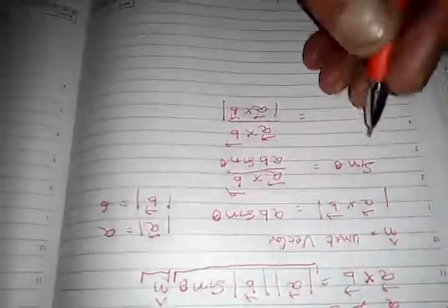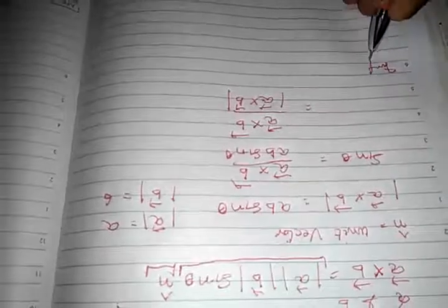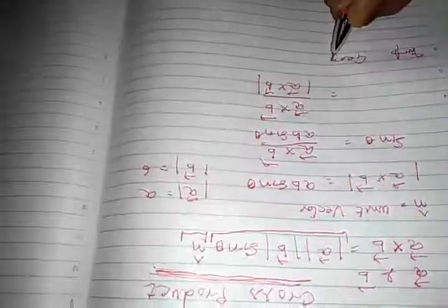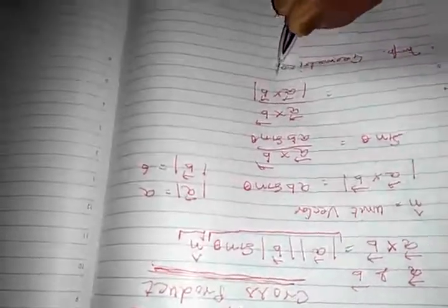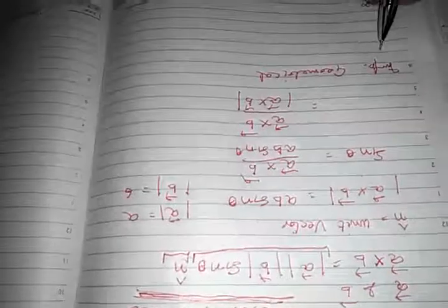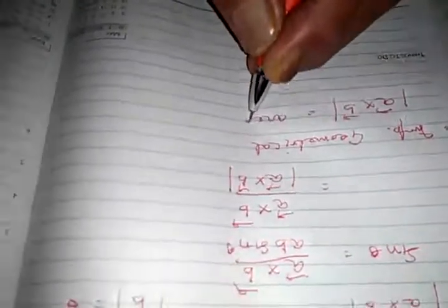Now what is the importance of this cross product? Geometrical importance is that the magnitude of the cross product A cross B represents the area of a parallelogram.